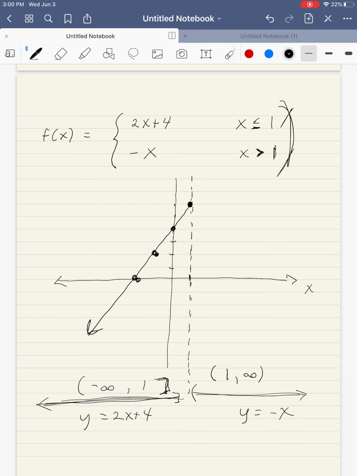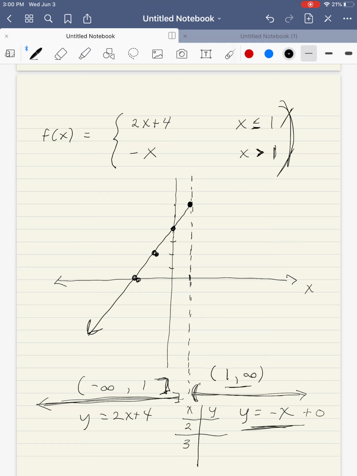But when I reach this line right here, something completely different happens. The graph now looks like y equals negative x. And I don't have my y-intercept here. It would actually be plus 0, but I can't plot that point because it's not in the piece of the domain that I need. So I could just create a little t-table here, and I could use numbers that are in my domain.